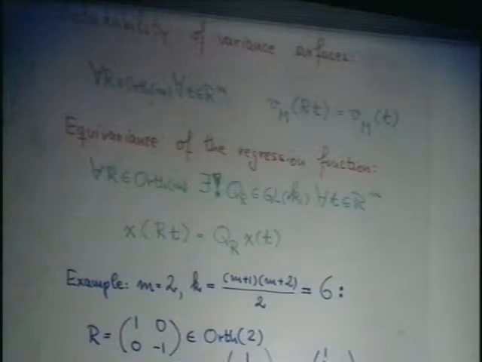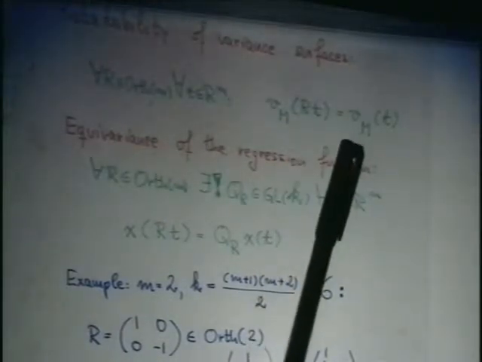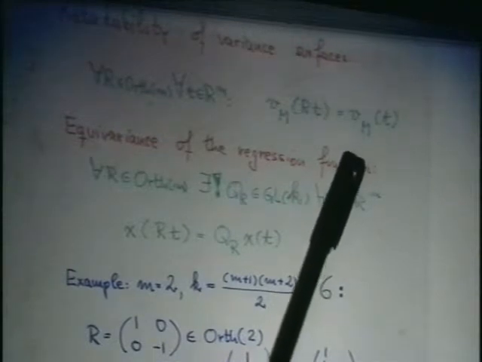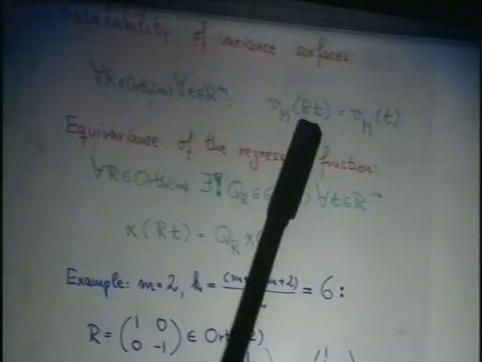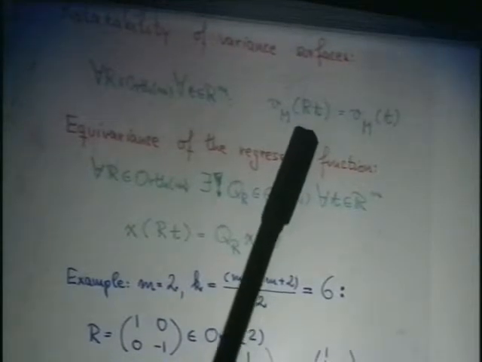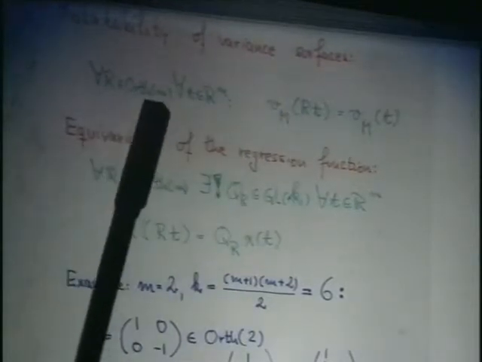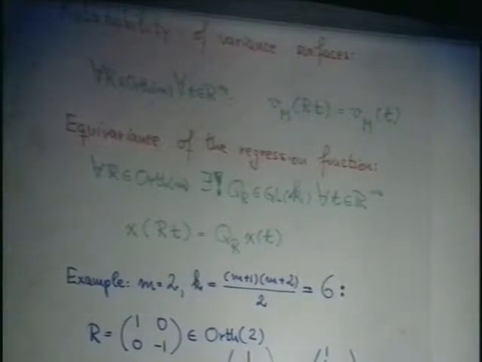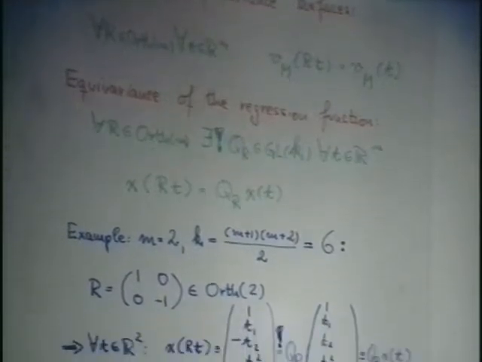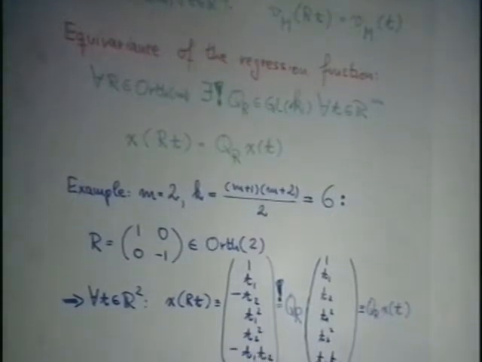The way Box and Hunter introduced it is that they required that the variance surface remains the same whether we take experimental conditions T or whether we rotate the experimental conditions by an arbitrary orthogonal matrix M. That's the definition of rotatability in that paper, and that's the thing that is intuitively accessible in the first place.